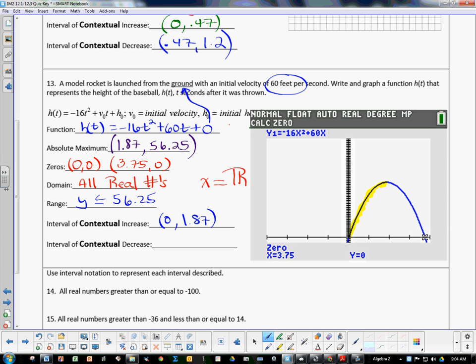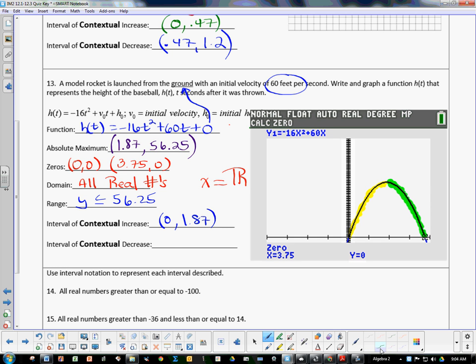Now, where is my interval of decrease? Well, let's change up the color here. There we go. That's going to be where it's decreasing, or it's going downward. So that would be from 1.87 all the way out to 3.75. Yes.